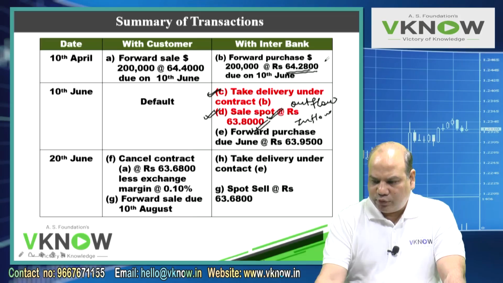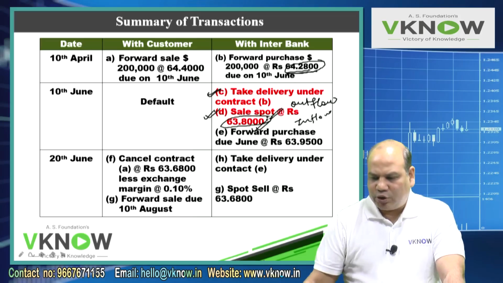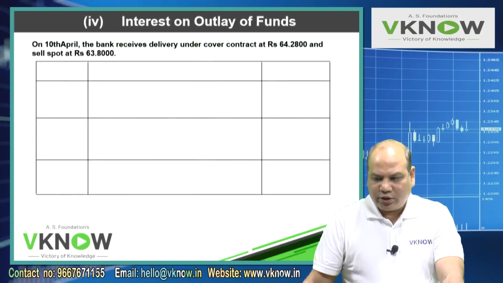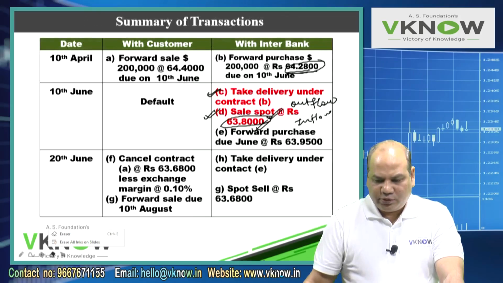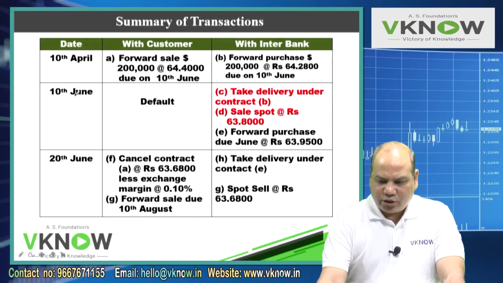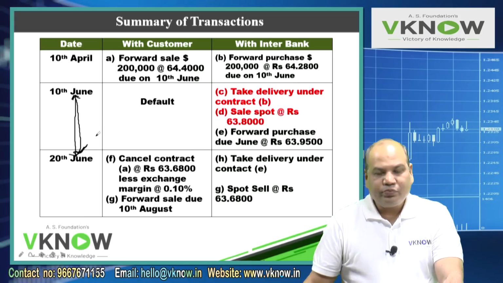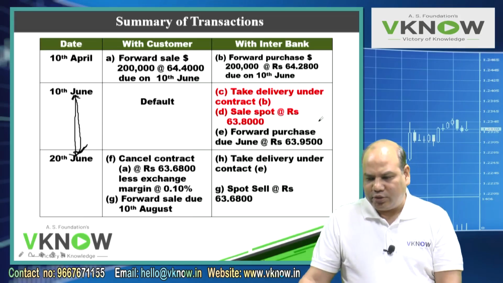But you will see the outflow is at a higher rate than the inflow, so there is a net outflow. On the net outflow, interest will be charged at the rate of 12%. And how many days? The number of days for interest calculation will be between the original due date and the date when the customer comes. For these 10 days, the funds get blocked and the bank will charge the interest on that.